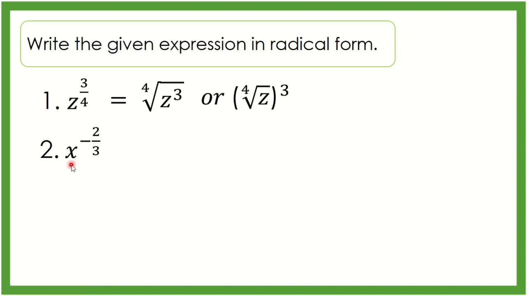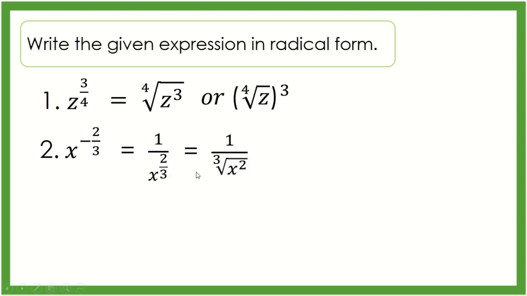Number 2, we have x raised to negative 2/3. Okay, so meron tayong negative exponent. Apply muna natin yung definition ng negative exponent. Kunin natin yung reciprocal ng x, that is 1 over x. Then, magiging positive exponent na siya, 2/3. This is an expression with rational exponent.